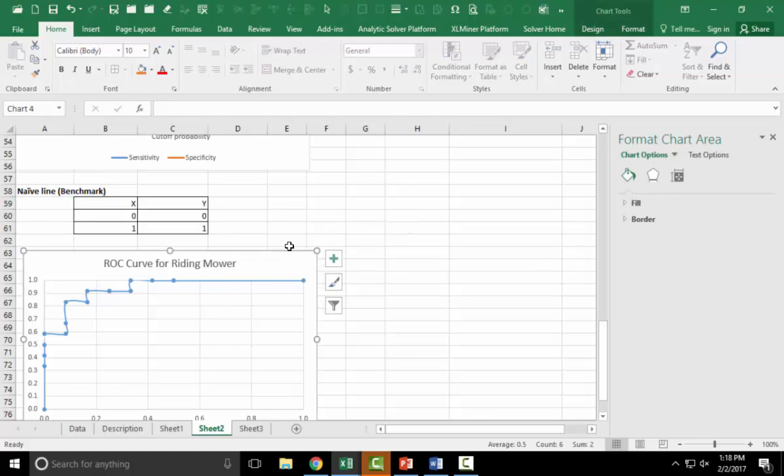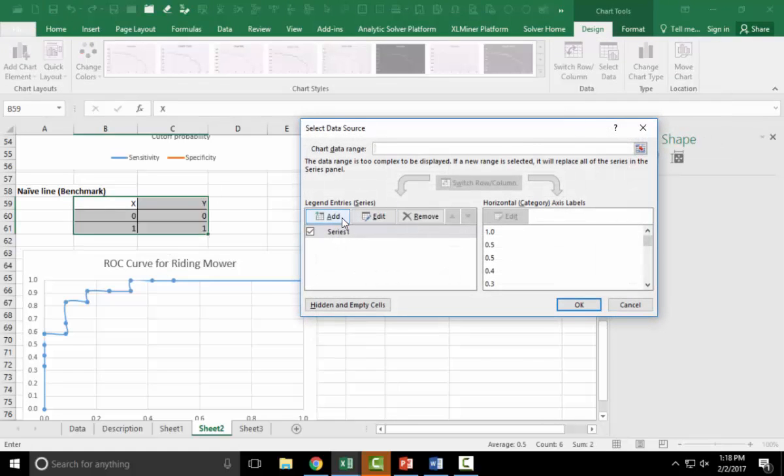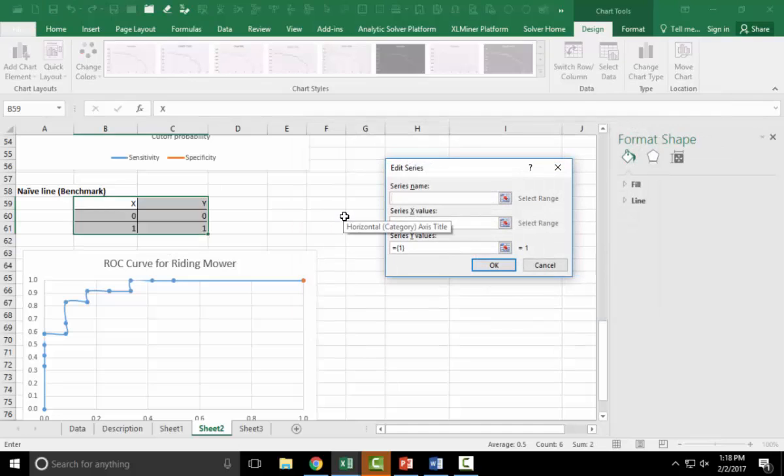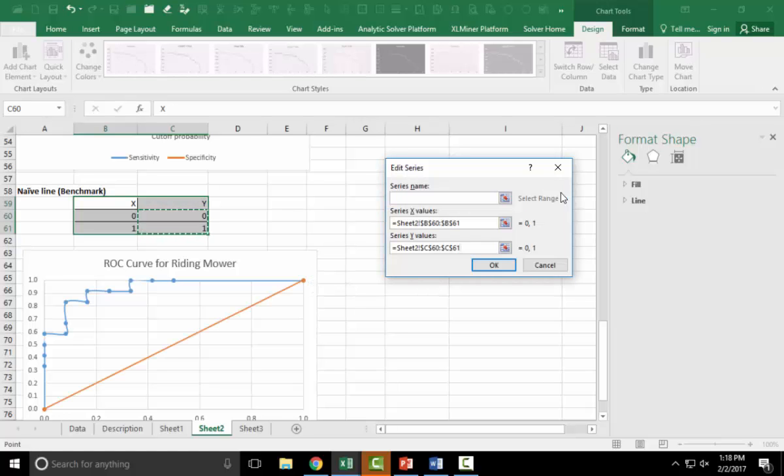So highlight the graph, go back to select data. Okay, so now we have to add a new line. Here the x-axis is that, and the y-axis is that. All right. So this one, we'll call it random.